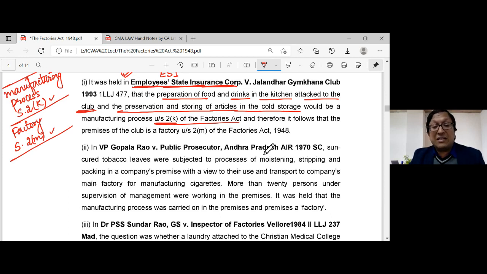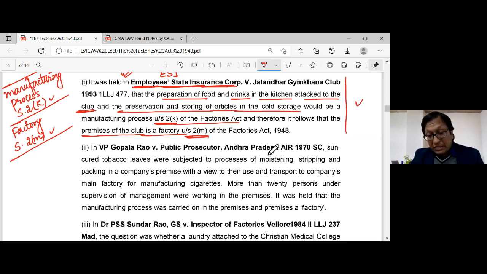The law says yes. It was held in the judgment that it is a manufacturing process within the meaning of section 2K, and therefore it also follows that the premises of the club is a factory within the meaning of section 2M of the Factories Act. So this is an important one that you need to learn.